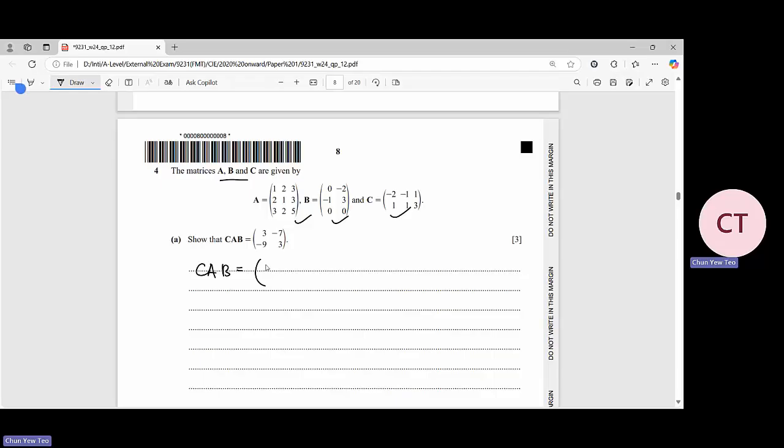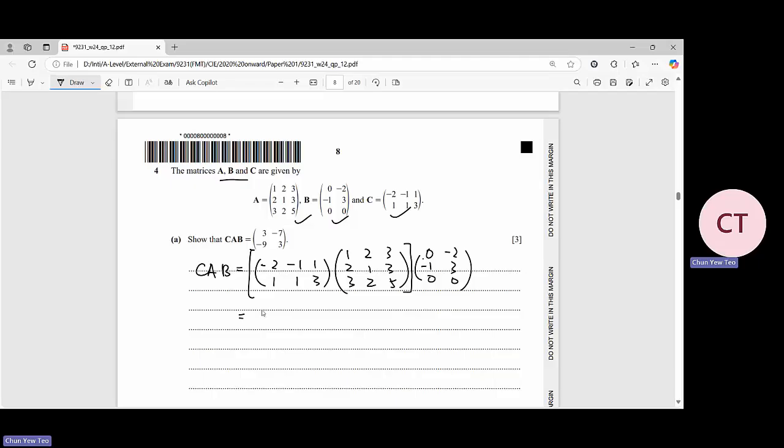Just write C multiply A and then multiply B. In order to multiply, we can choose to multiply CA first and then multiply by B later.